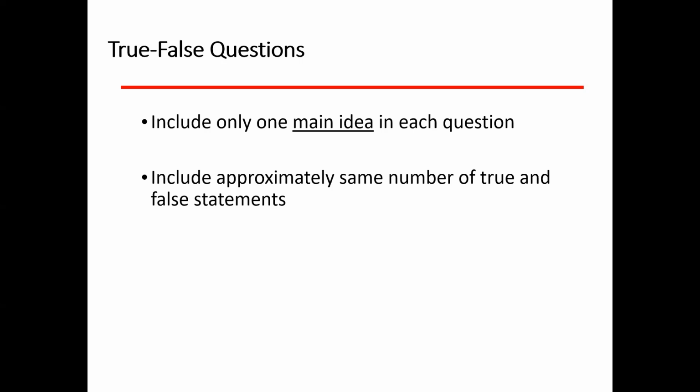So if you have 10 questions and all of them are true, or all of them are false, that really doesn't show a wide variety and challenge the students in the same way. So I do recommend somewhat approximately the same number. It doesn't have to be like 5 and 5. Something like 7 to 3 would probably be the farthest spread I'd go on a 10 question true false section of an exam.